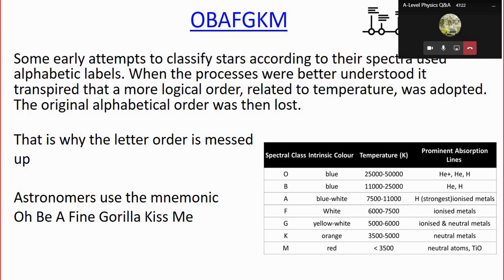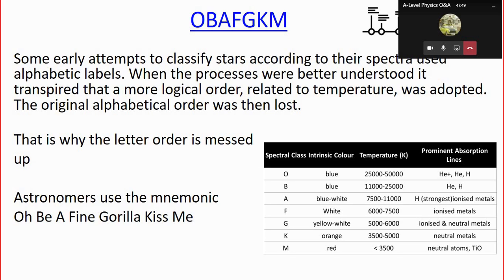And it's a really messed up order. The reason it's messed up is that we used to use the strength of the hydrogen absorption lines from A downwards, and we thought that that was how we were going to classify stars, before we had this idea of the temperature dependence between the absorption lines that we see and the colour or the temperature of the star.